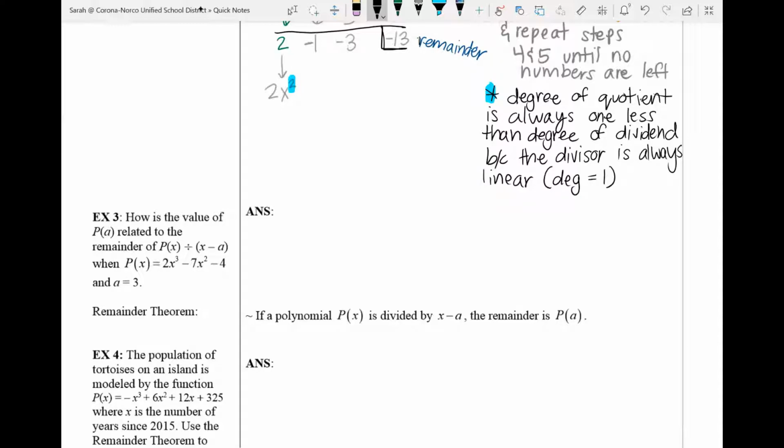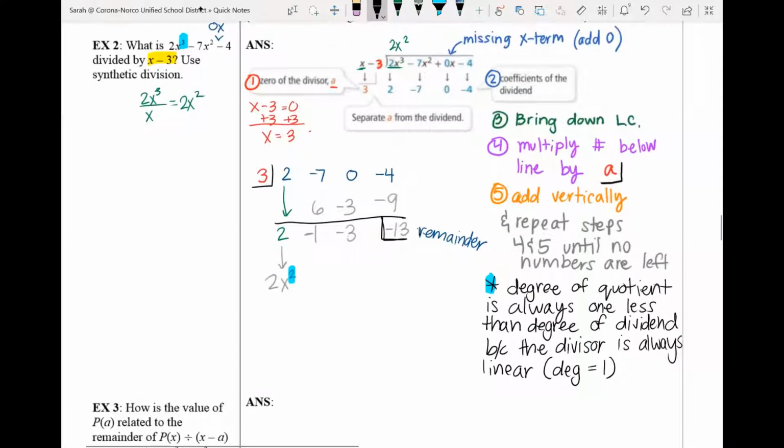And so the difference of the degree of the dividend minus the degree of the divisor is really what ends up happening here, right? So if I think about that, this 2x squared is because I'm subtracting 1 from the degree of my dividend when I'm performing that division step.